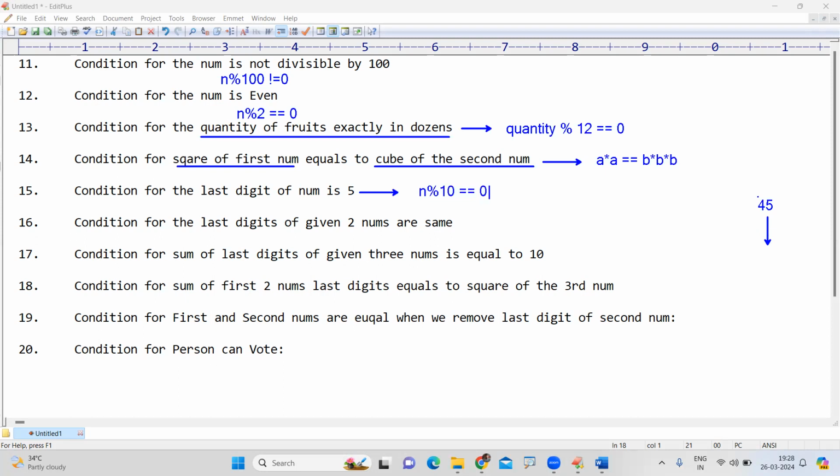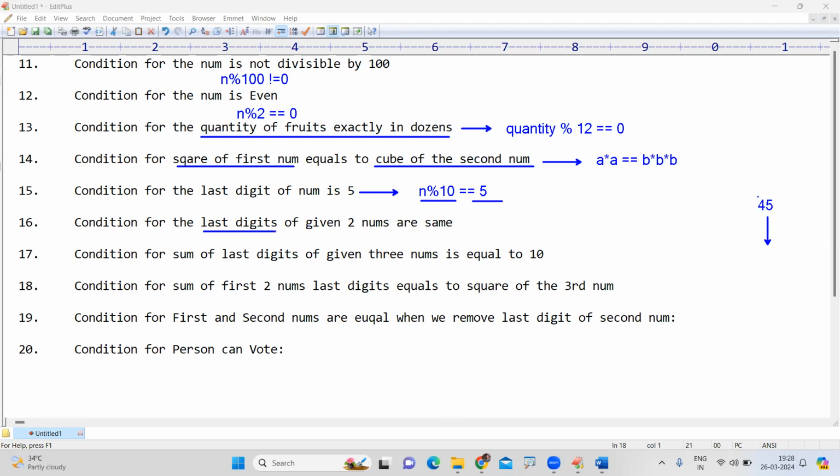Is it divisible with 0? Yes or no? That is the last digit. N mod 10 will give the last digit. That's not 0, it's 5. It will give you the last digit that is equal to 5.